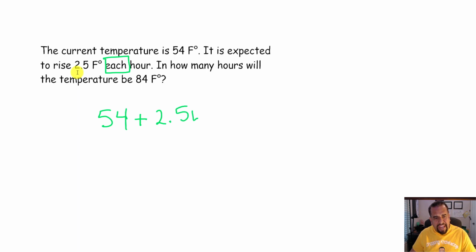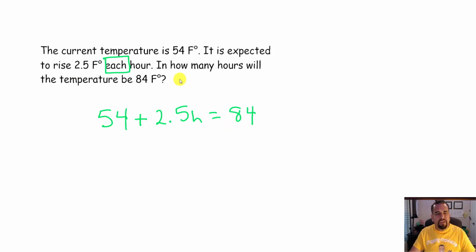And you can use h for hour. I always use x, but I recommend you use the first letter of the word you're trying to solve for. In this case, hours. That'll remind you at the end that your answer means hours. So 54 plus 2.5h equals 84. We want to know when it will reach 84 degrees. That's how you write the equation.